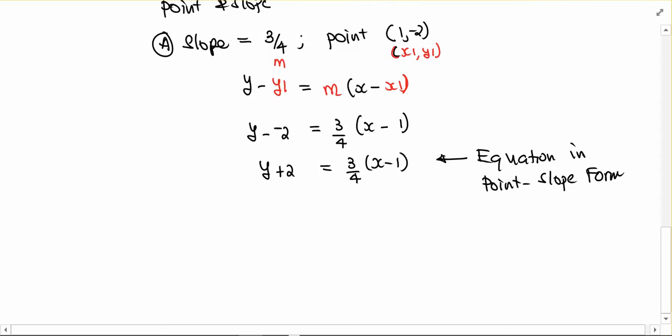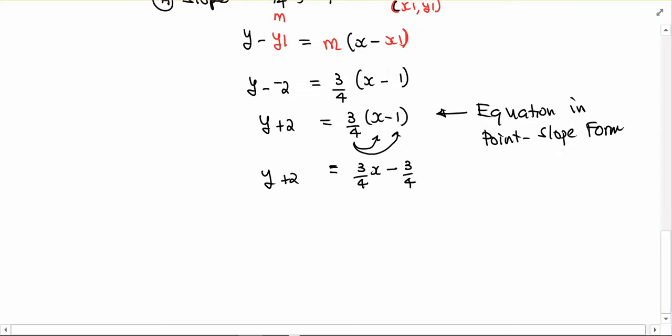Okay, if you want to write this in slope intercept form, then you would have to do the distribution and work it through. So let's go ahead and do that as well. So this is 3/4 x minus 3/4, and subtract a 2. So you get y equals 3/4 x. Let's take this off to the side, do the math and bring it back in. So really what we have is 3/4 minus 2 over 1.